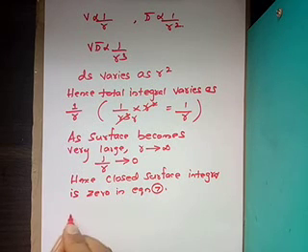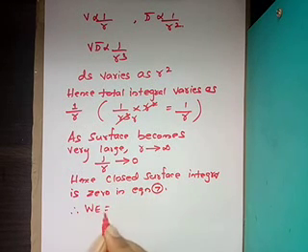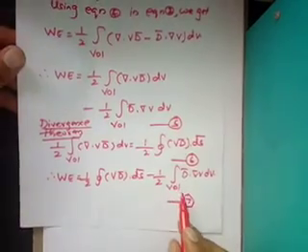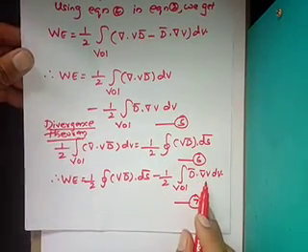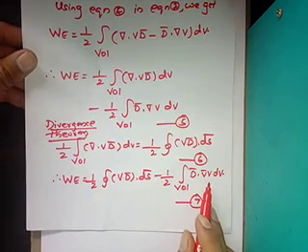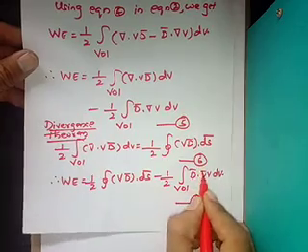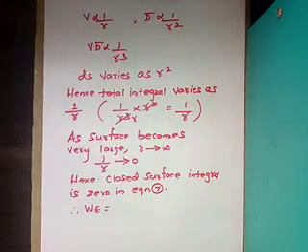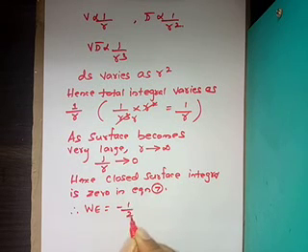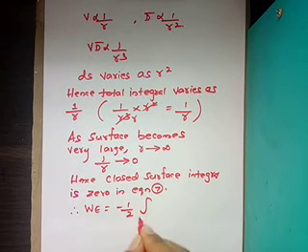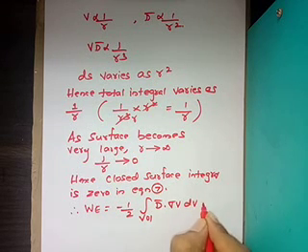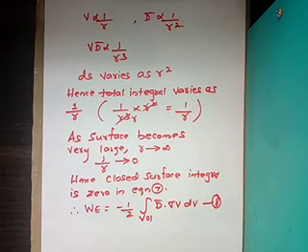Then the remaining term, therefore, we will be equal to simply the second term, that is minus half of volume integral d bar dot del v dv. Take it as equation 8.